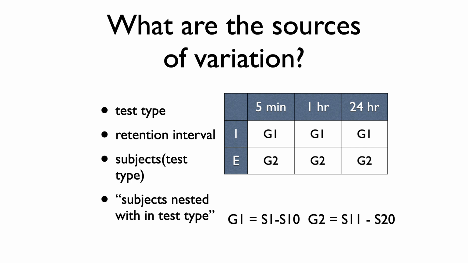So what we have now is one variable that is a between subjects variable, because different subjects get different levels of it, memory test type. And then we have one variable that is a within subjects variable, and we can see that because everybody gets every level of retention interval. Do you have questions so far? Does this design make sense?